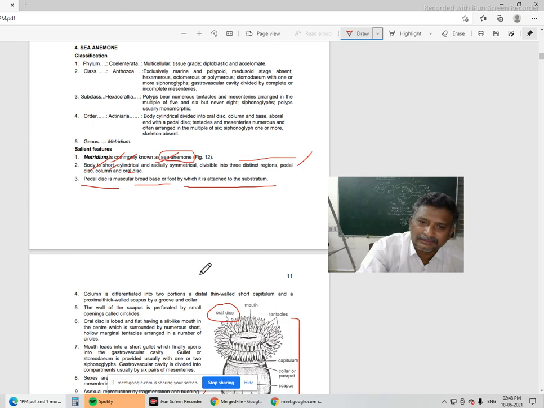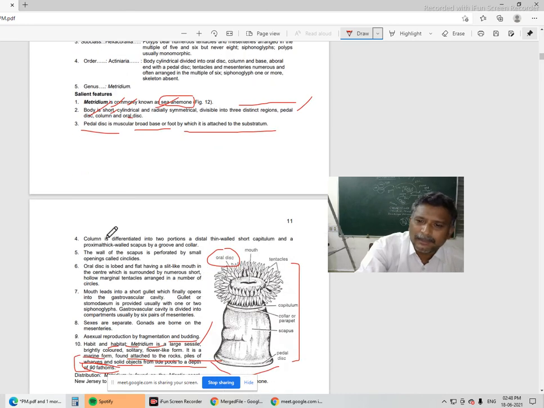We can tell just by looking. Now the column is differentiated into two portions, a distal thin-walled short capitulum and a proximal thick-walled scapus, separated by a groove and collar. These are externally visible to us, that much is enough.